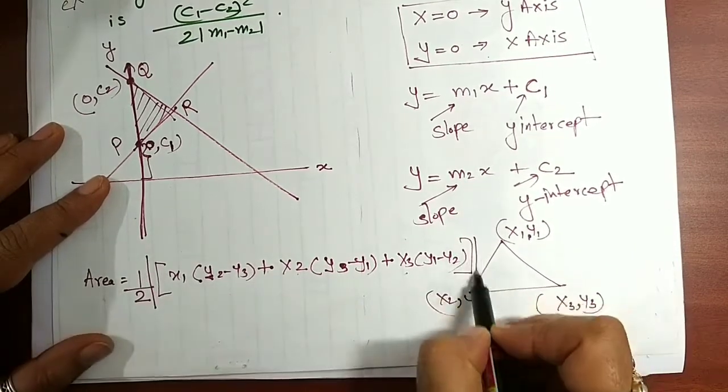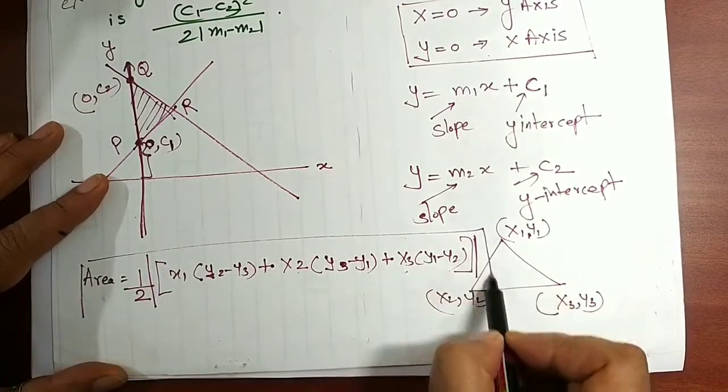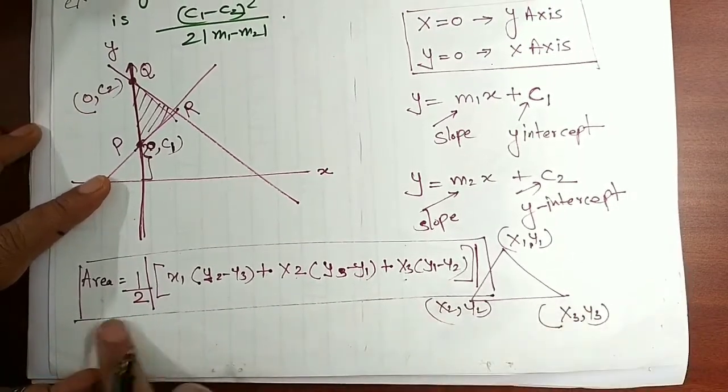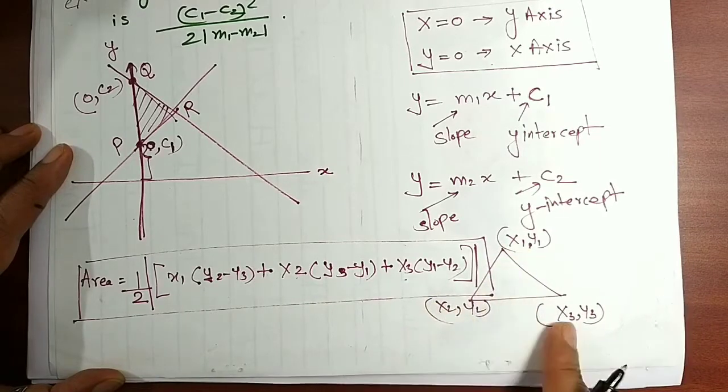Please remember this. We need to take the mod because area is always a positive quantity. So this is the area of a triangle if 3 points are given.